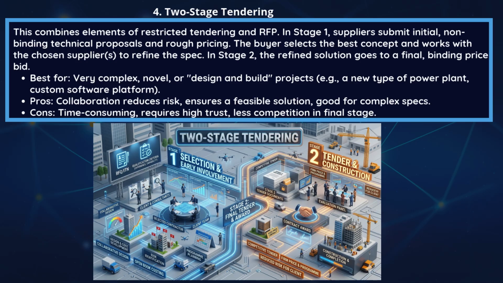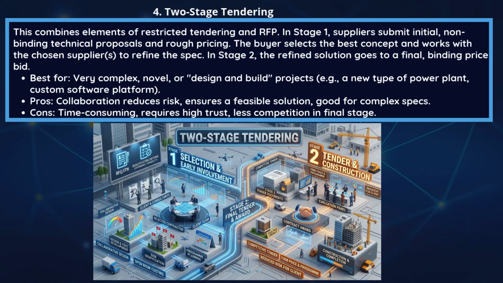And the fourth one is two-stage tendering. This combines elements of restricted tendering and RFP. In stage one, suppliers submit initial non-binding technical proposals and rough pricing. The buyer selects the best concepts and works with the chosen suppliers to refine the specification.